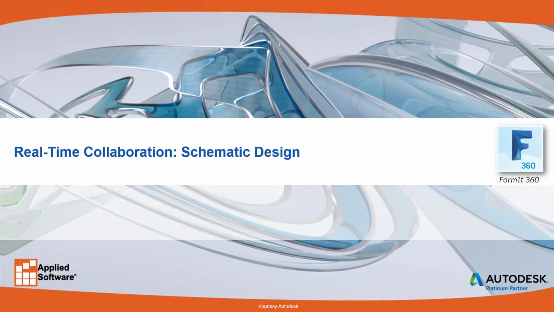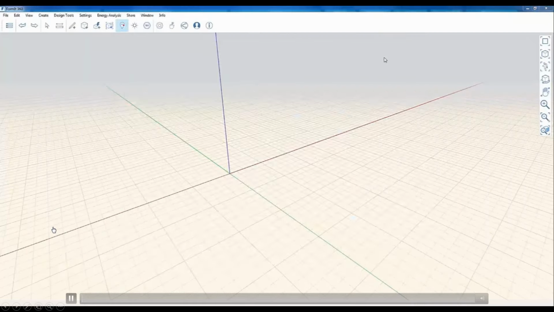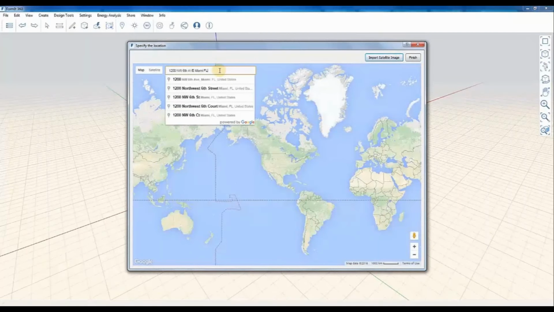So let's get started. I'd like to get started with some conceptual sketching. Typically, when it comes to putting a building on the site, you're dealing with some geolocated address.